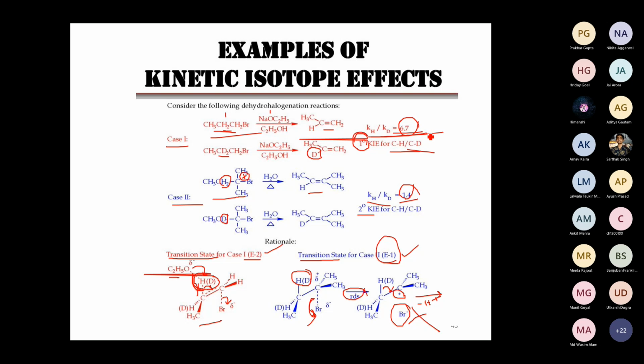So I have taught you 3 experiments so far on how to deduce a mechanism. You have two cases: you may have E1 or E2. These 3 experiments will disprove one pathway. The mechanism is the pathway that disproves all other pathways. So from the rate law for case 1, you have 3 experiments, and from them you can disprove that E1 is correct.